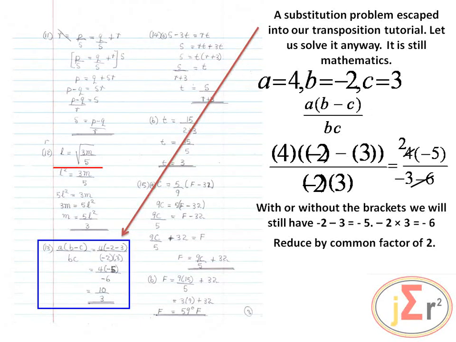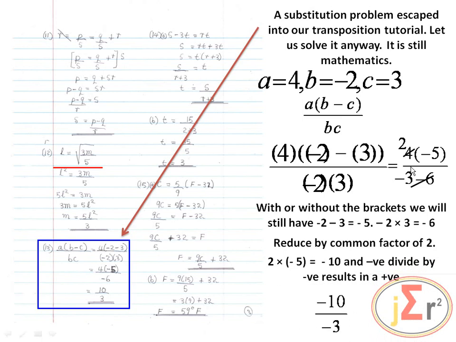And we will say 2 times negative 5 is equal to negative 10, and in the end we will say a negative 10 divided by a negative 3 will give a positive. Negative divided by negative is equal to positive.